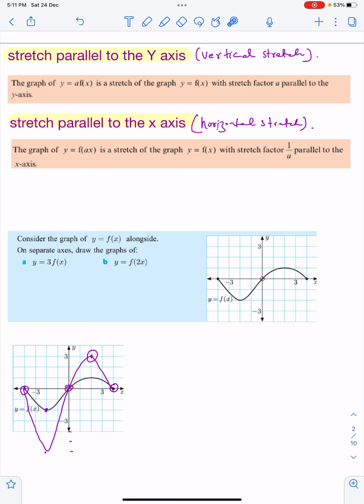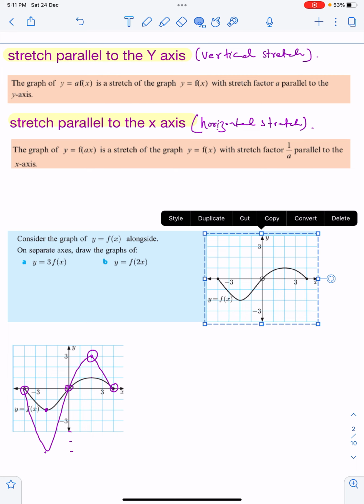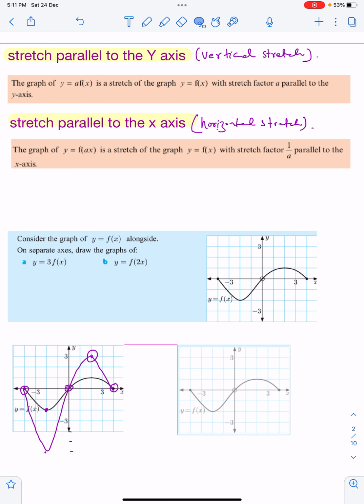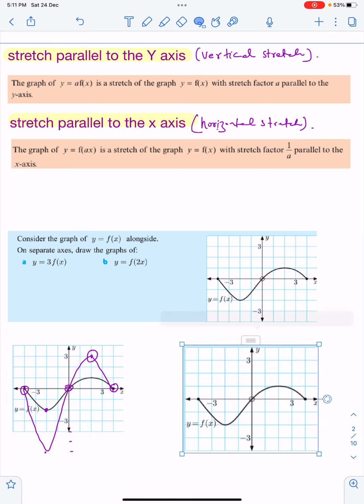Now, if I do the next one, if you notice, there is a constant being multiplied with x inside the bracket. That means it's a horizontal stretch, or a stretch parallel to the x axis. Now, if I draw this one here, every x coordinate will be multiplied by half.